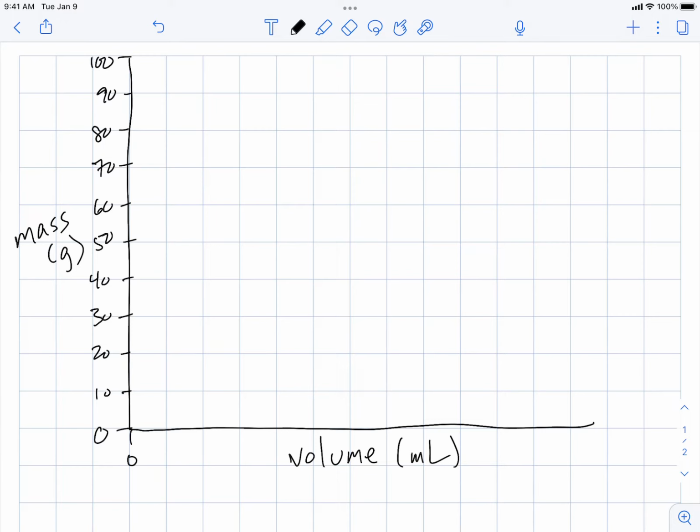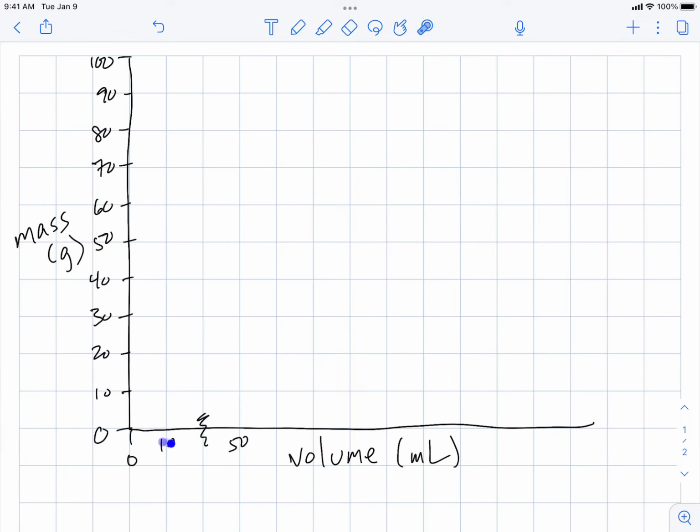Now, when you choose your scale on the x-axis, it doesn't have to go up by tens. It can, but it doesn't have to. You just want to make sure that each of these spaces is worth the same amount. I've seen sometimes people will do this, and they'll sort of skip some numbers. I might go 10, and I might go to 50 here.